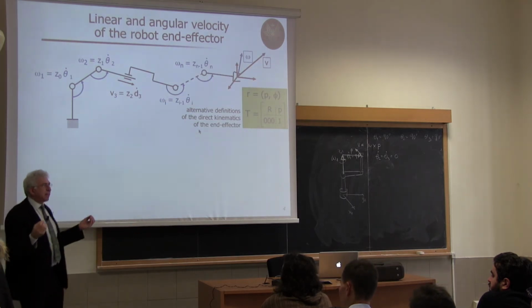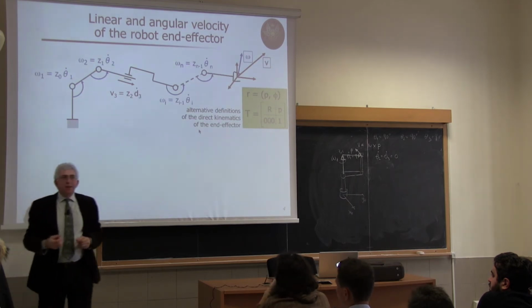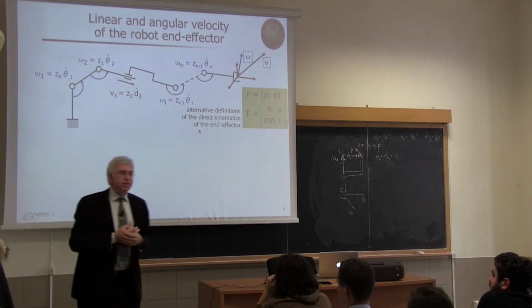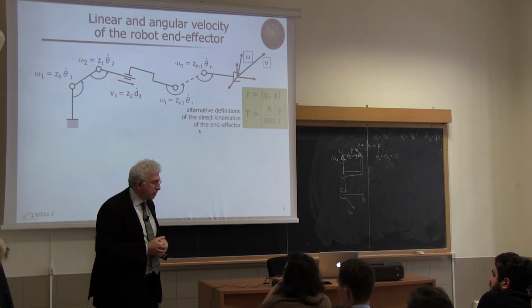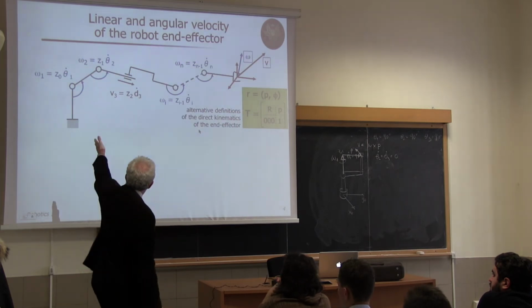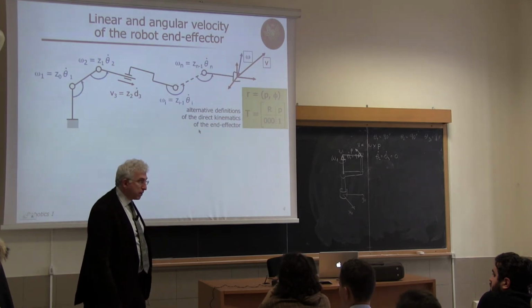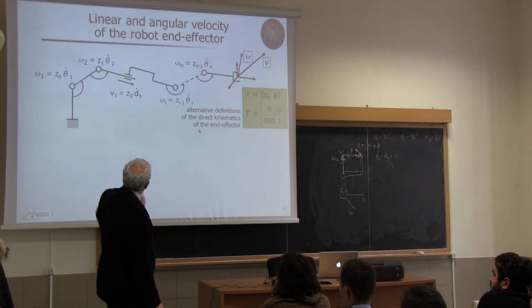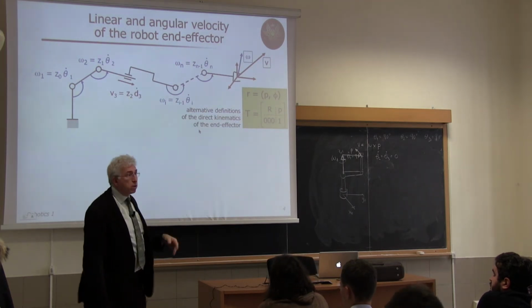And the nice thing is that because of the linearity of this mapping, you can work by superposition of effects. So you look at what is the effect of omega 1 on V and omega of the end effector. Then what is the effect of omega 2 on the same quantity and of V3 on the same quantity and so on.